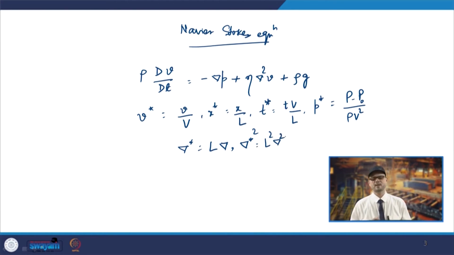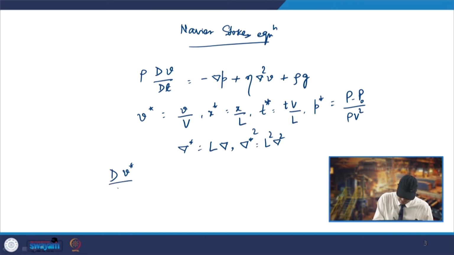So, that way if you use these non-dimensional terms, and substitute these non-dimensional numbers into this equation, you get the term dV star upon dt star. So, if you use them, you get minus of grad star P star.